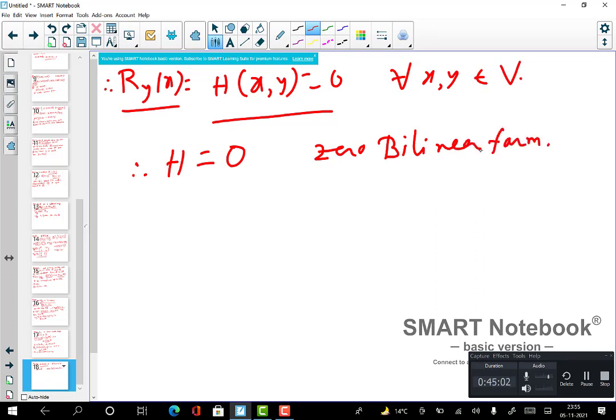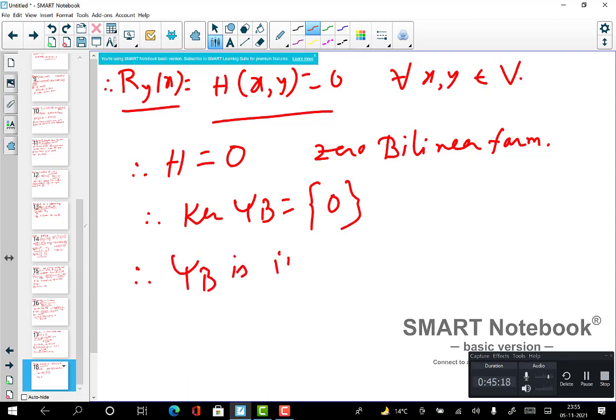So if anything in the kernel has to be zero, the kernel of psi B is the singleton 0, and hence psi B is injective. Done.